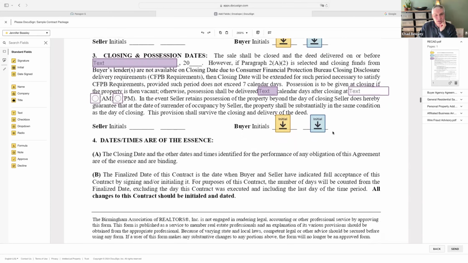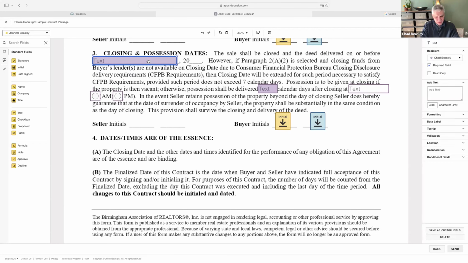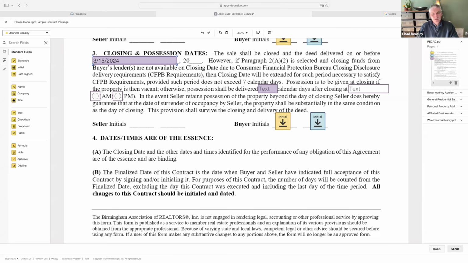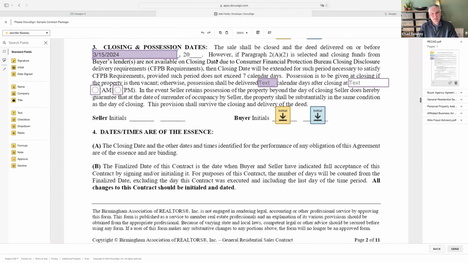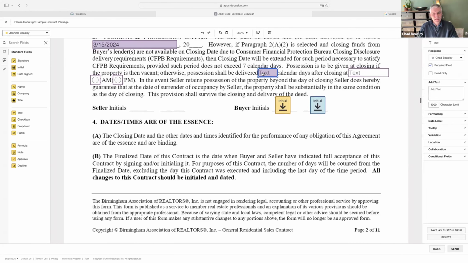So closing and possession dates, that's pretty self-explanatory. You're just choosing the date that you want to close on here. Let's say we're going to close March 15th, and we want possession to be delivered.